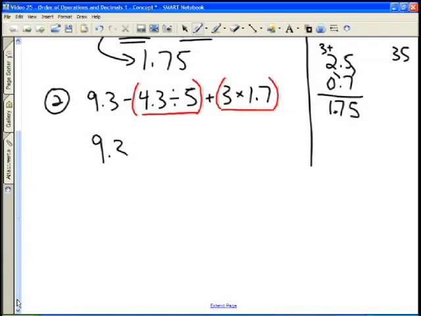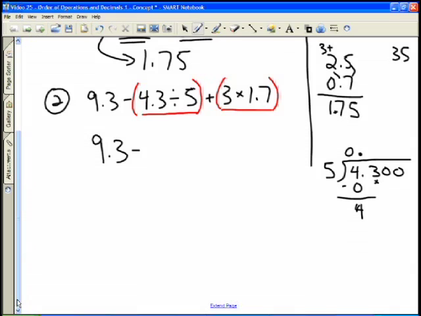I've got 9.3 minus, now 4.3 divided by 5. 5 into 4.3. My decimal moves up. 5 goes into 4 0 times. 0 times 5 is 0, and now I subtract, and I'm left with 4.